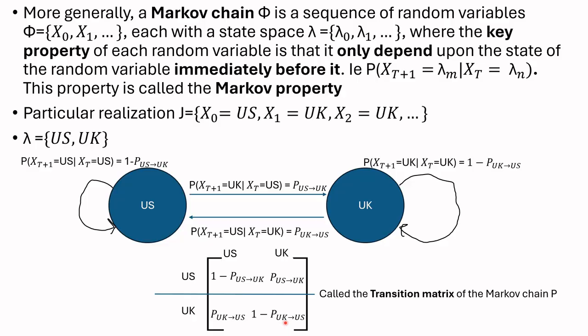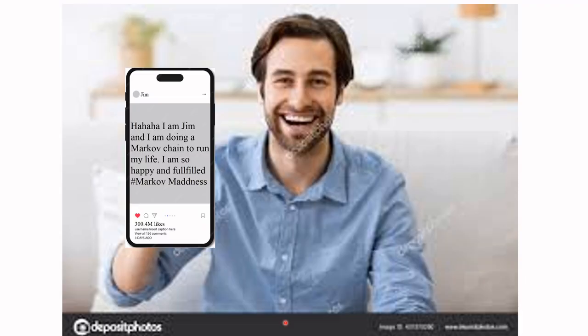Okay. So, our story continues. Jim is a trailblazer, and naturally he has social media, and he makes a post saying, oh my gosh, look how good my life is with this crazy thing I'm doing, moving countries every year.